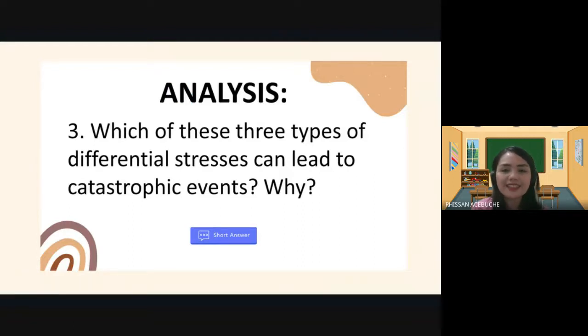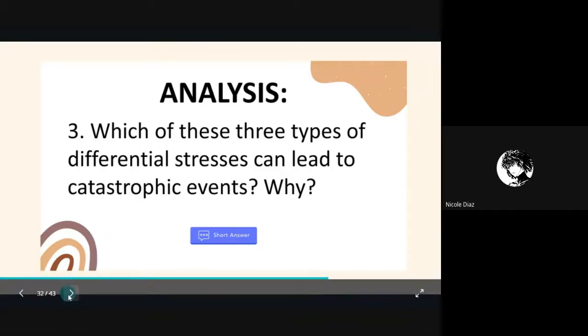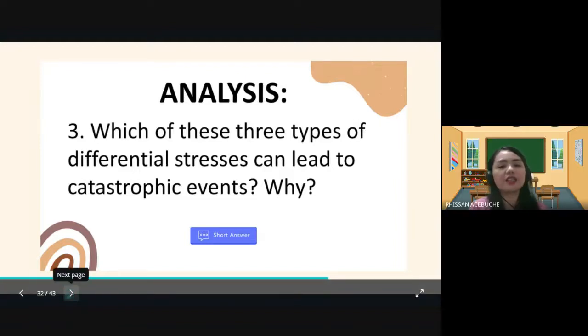I think within the three, the one that can cause a catastrophic event is the compressional stress, since the plates are moving towards each other, which makes them collide and cause a shake in the earth. And this catastrophic event could be an earthquake. Yes, correct. So actually, all of these differential stresses could lead to earthquakes.